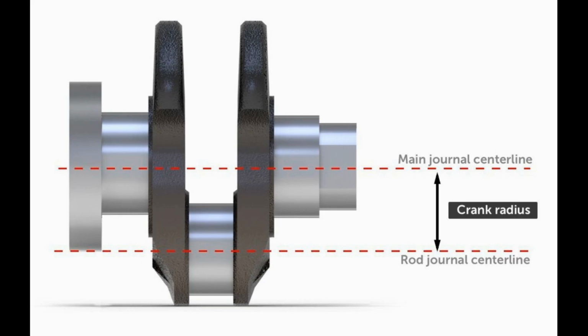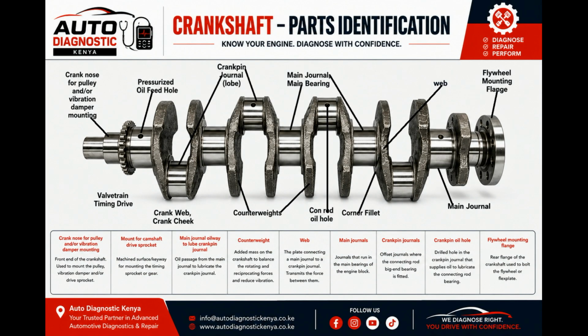The answer is no. You need that offset. The piston moves up and down, the connecting rod moves with it, but the crankpin is offset from the crankshaft center line. The force from the connecting rod produces rotation. That is the basic mechanical principle behind the crankshaft.